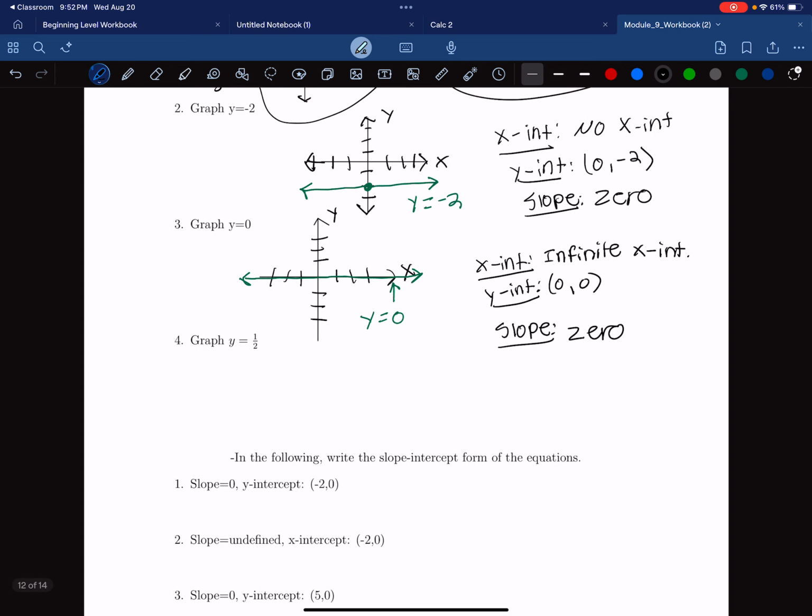And then for this last example, we have y equals 1/2. So remember, 1/2 is a value of 0.5. So this is 1, -1, y-axis, x-axis, 1, -1. So 1/2 is 0.5.